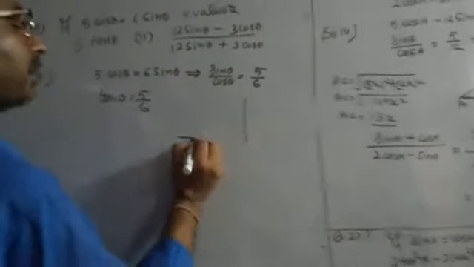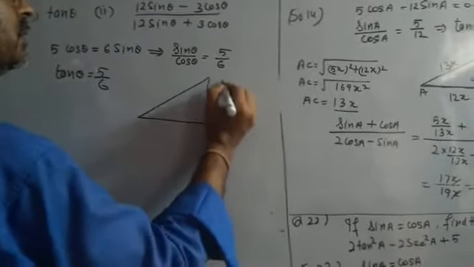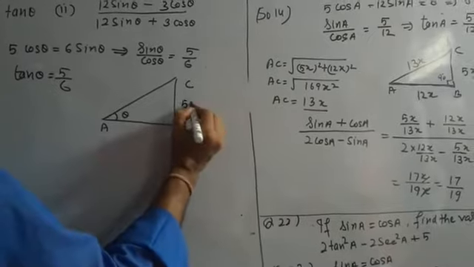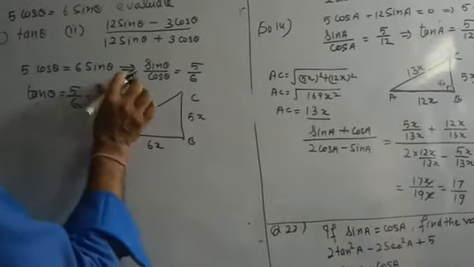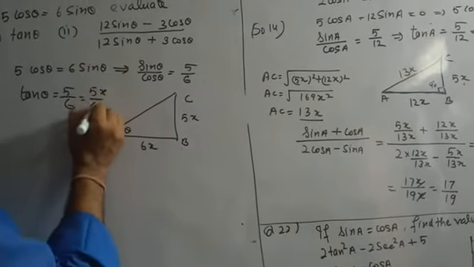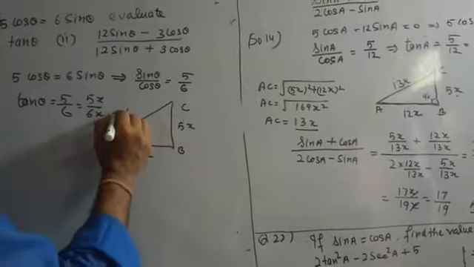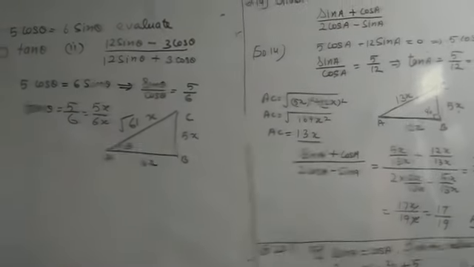Draw a right angle triangle BCA. A is considered theta. This is 5x, this is 6x. By Pythagoras theorem, this will be root 61 into x.